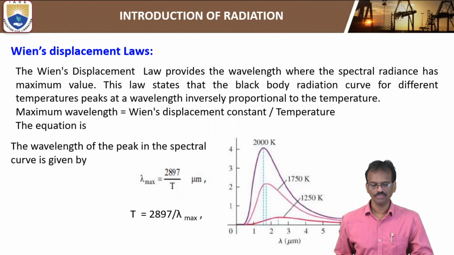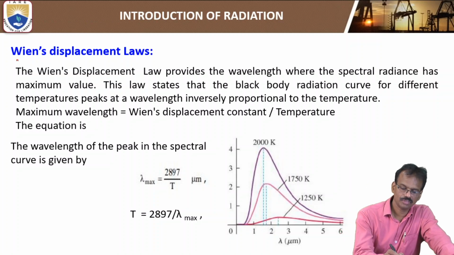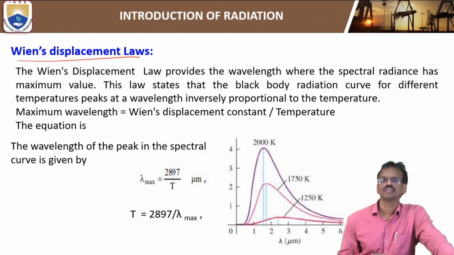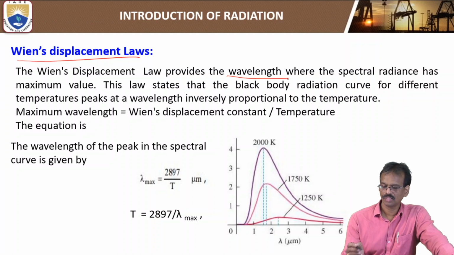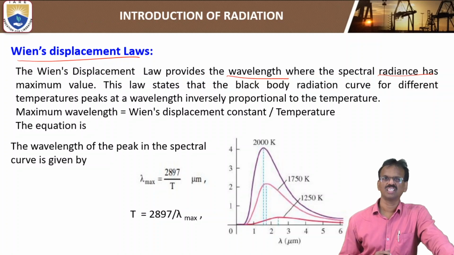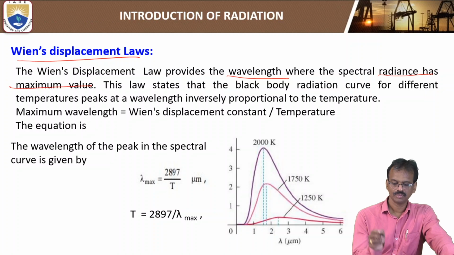The second one is Wien's law. What is the importance of Wien's law? According to Wien's law, it provides the wavelength where the spectral radiation or spectral radiance has its maximum value.